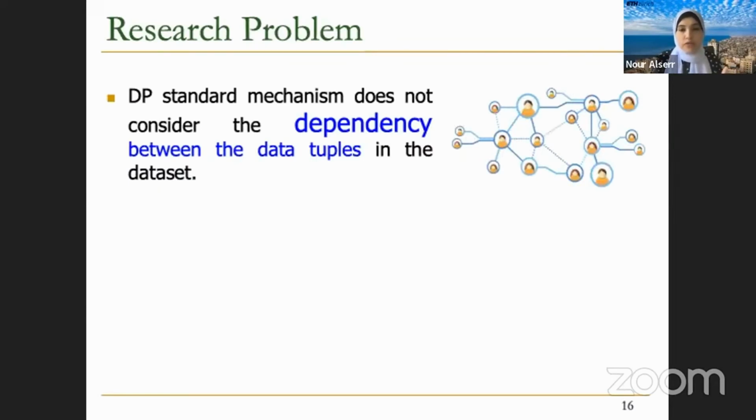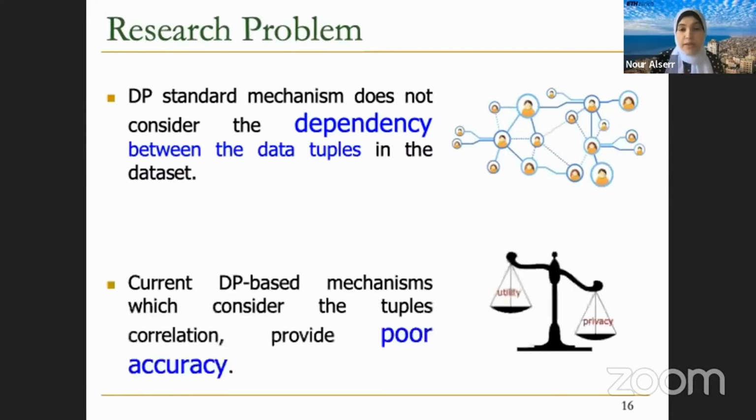Again, they want to increase the privacy levels. But when they try to increase the privacy levels, many of them add more noise. We want to add more noise, then we can overcome the limitation. But this is not the perfect solution, because if you keep adding more and more noise, this leads to poor accuracy.